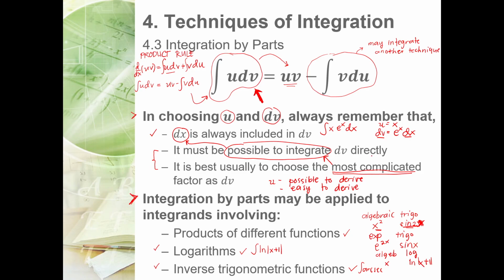It may be an easy term, it may be a difficult term, but as long as you can derive your u parameter, it's okay to have that term as your u parameter. But we must observe the dv all the time. So the most complicated term for dv, and it should be possible to integrate, and then dx should always be included in dv.